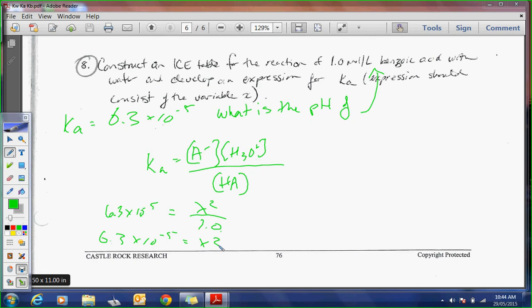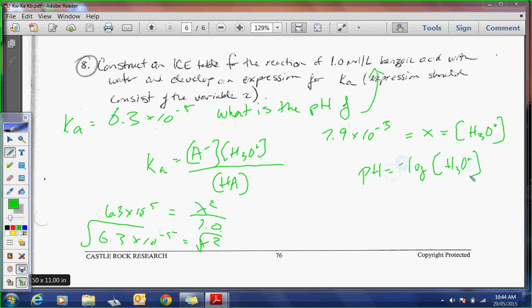So the square root of this now is what? Somebody? 7.9 times 10 to the negative. Okay. And can I get the pH from that? Yeah. Do we get all those equations or do you have to memorize them?